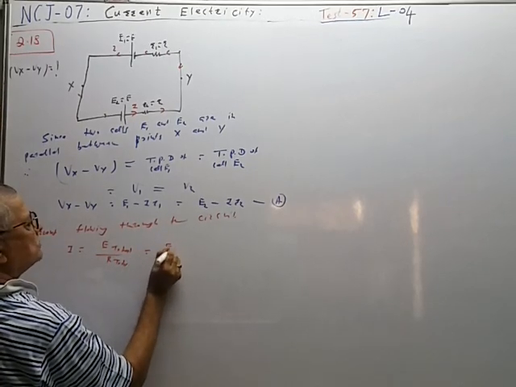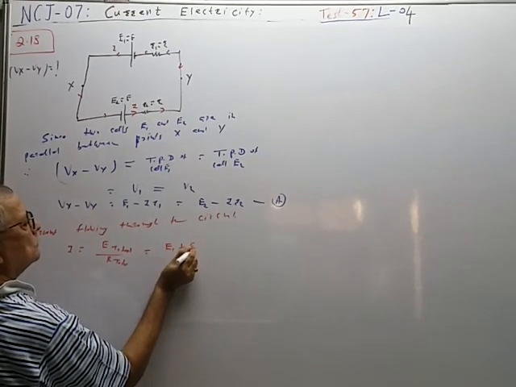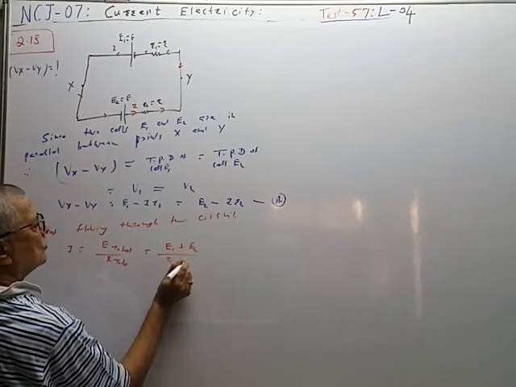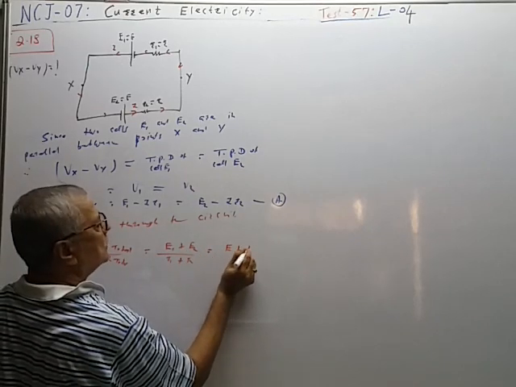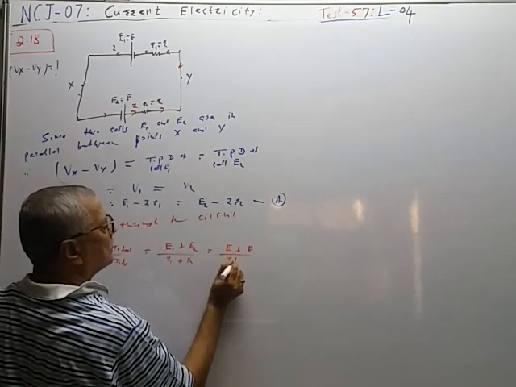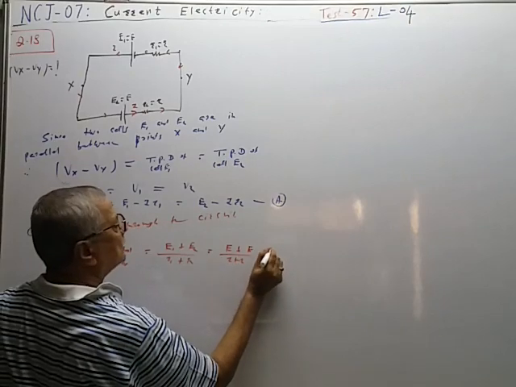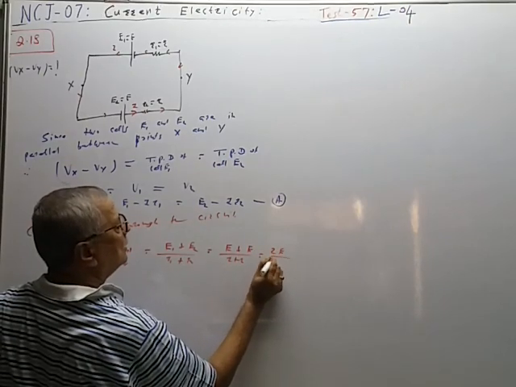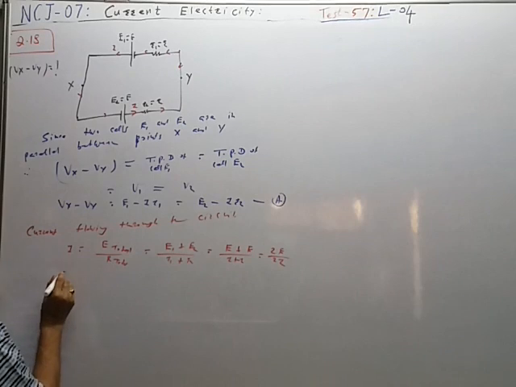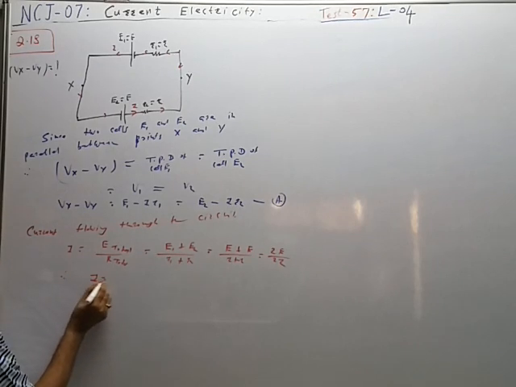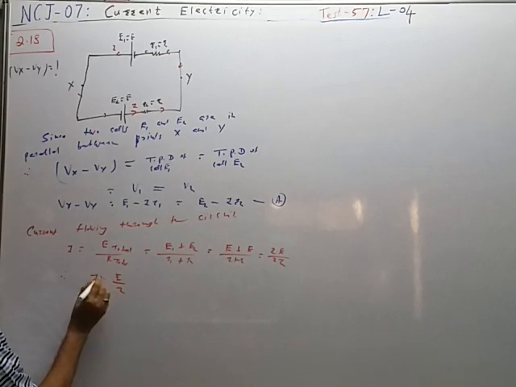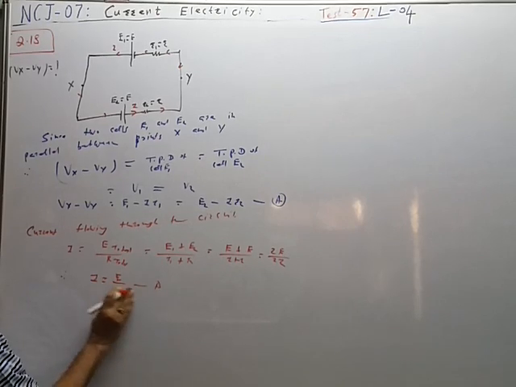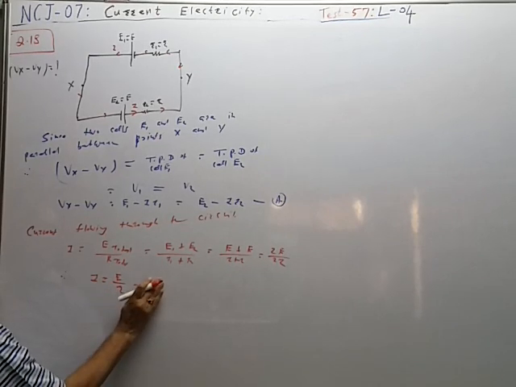So total EMF is equal to E1 plus E2 and total resistance is equal to R1 plus R2. So this is equal to E plus E upon R plus R. So that is equal to 2 times E upon 2 times R, and therefore I is equal to E upon R. So this is equation 1.